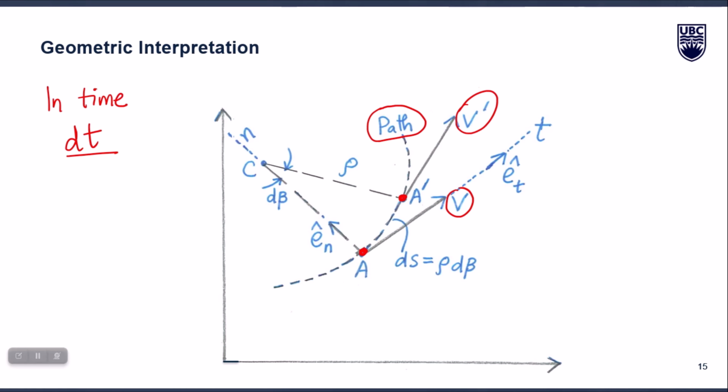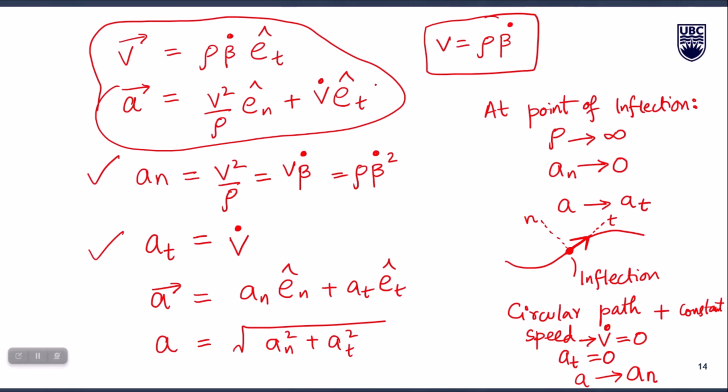So the change in velocity vector we can determine and then see how the acceleration can be written in terms of that change in velocity vector. When we do that exercise geometrically, we will come up with the same equation which we have seen in the last slide, this same equation at the top, right?